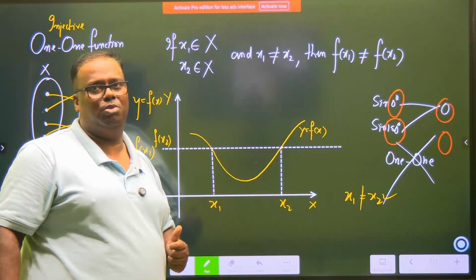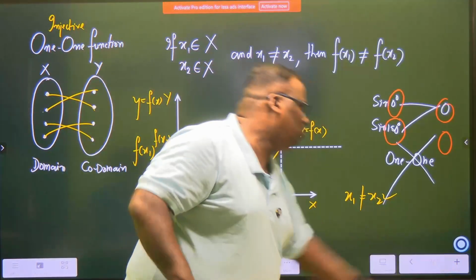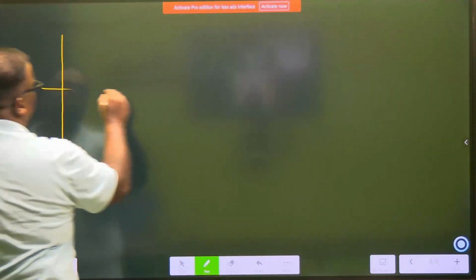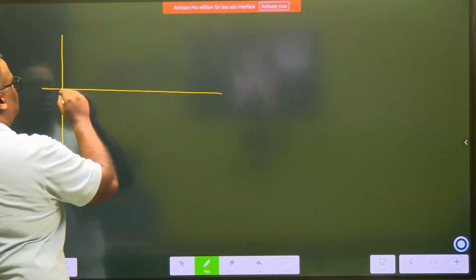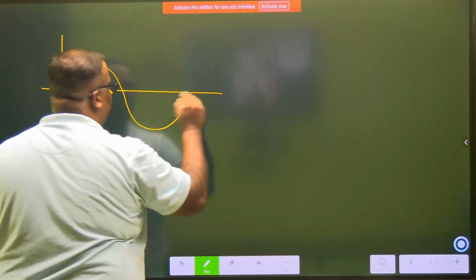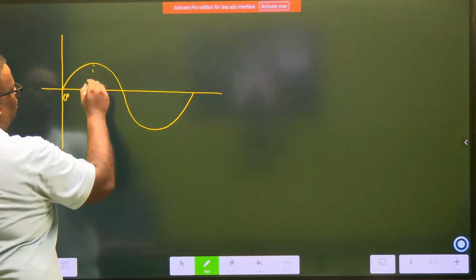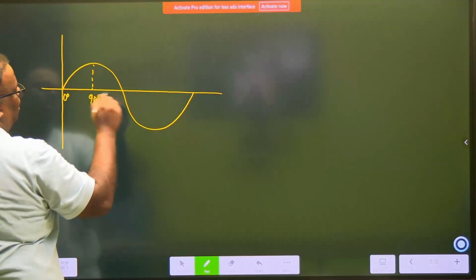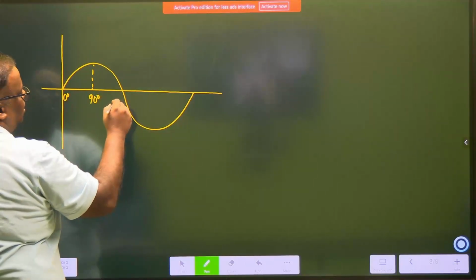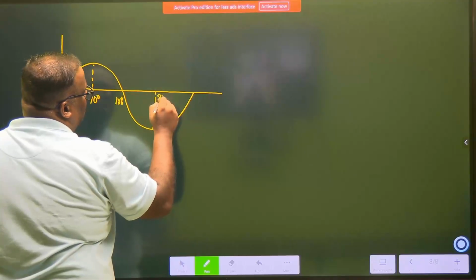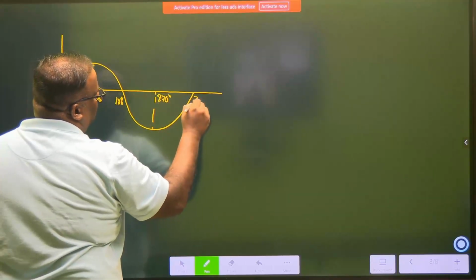This is not possible. Let's check it a little bit more from trigonometry. Just look at this graph. This is something that you have learned, from 0 degree, this is 90 degree sine graph. This is 180, this is 270, and this is 360.